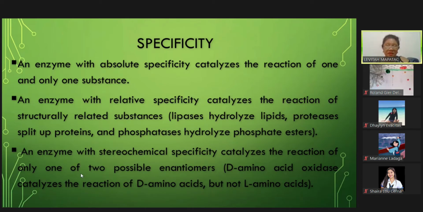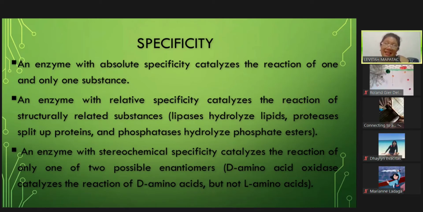For instance, we have two possible enantiomers of amino acids, the D, the dextrorotatory, and the L, levorotatory amino acid. Mostly the enzyme catalyzes only the L, not the D.